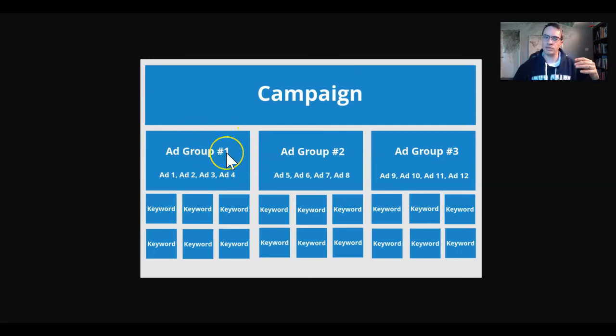So each ad group was a very tight niche. And then all of the keywords fit that tight niche. They were all so closely related and similar to each other that you knew you weren't going to get confused traffic from someone searching about a specific topic, then being shown the wrong ad, and then being taken to the wrong landing page on your website. You want it to be relevant, tight-knit, and very close to similar ad group bundlings.